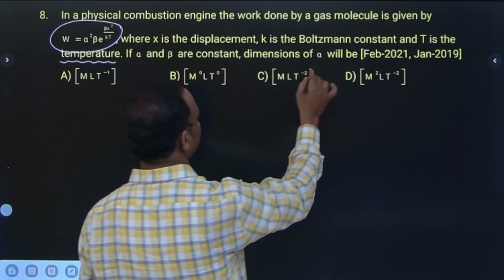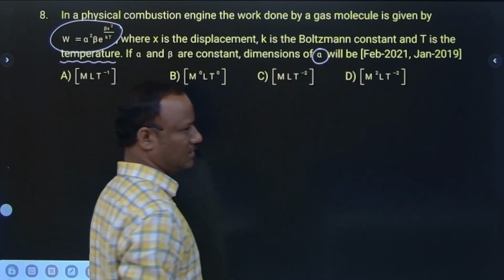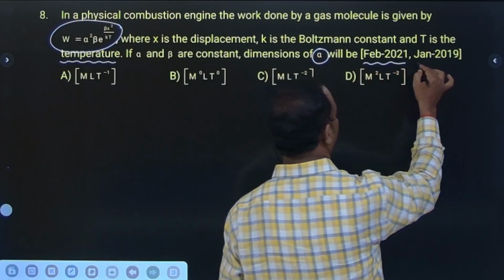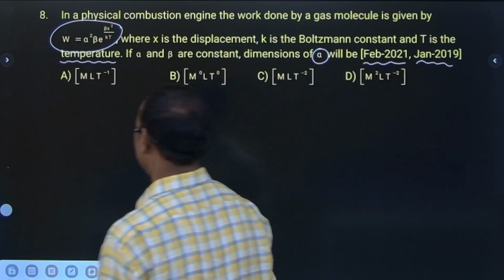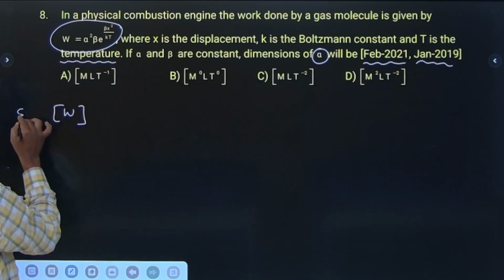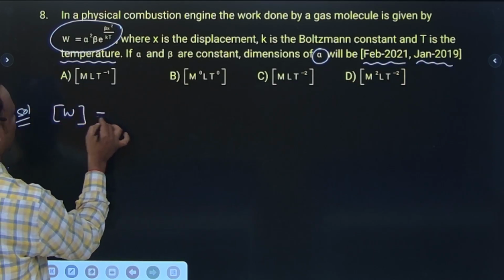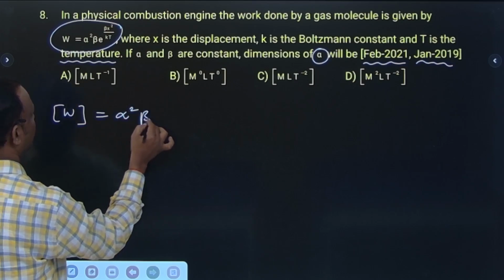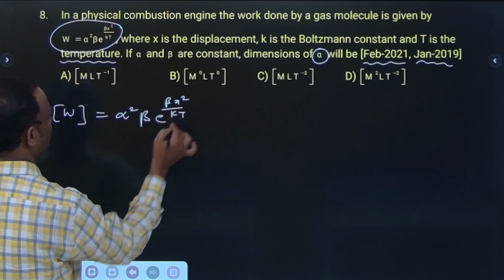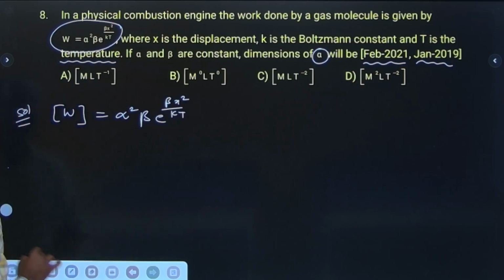What is the dimension of alpha? This was asked two times, a direct scoring question. Be careful. W equals alpha square beta e power minus beta x square by kT.